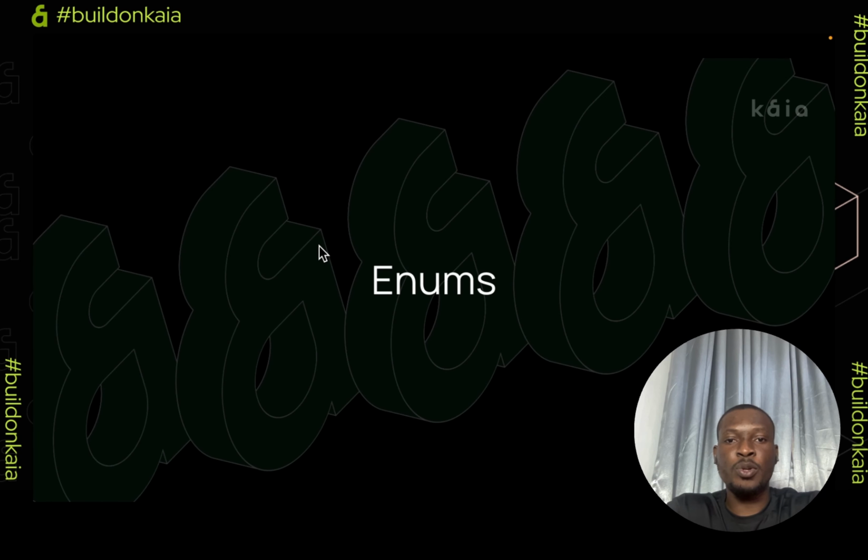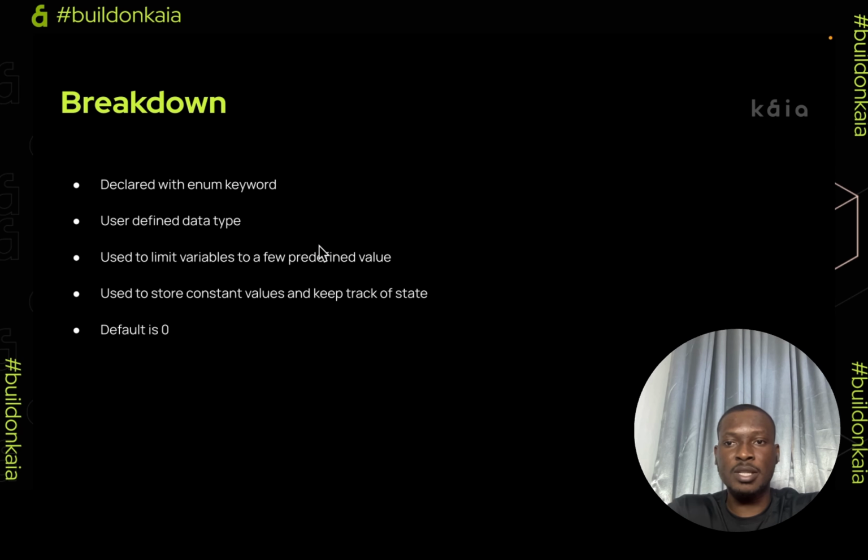Alright. Moving forward, we also have enums, right? Enums are declared with the keyword enum, and it is used to declare a user defined data type, right? In this case, you want to specify that a variable or data is in progress. Take for instance, purchase, you want to specify that a particular variable is either being purchased, bought, or in transit.